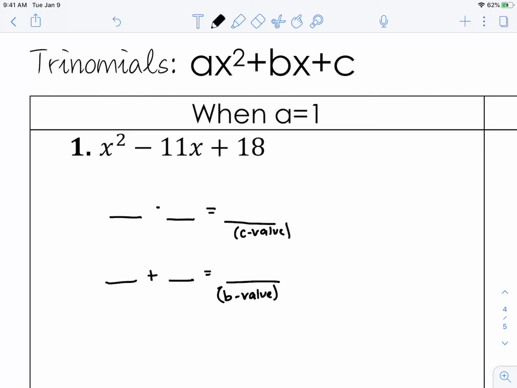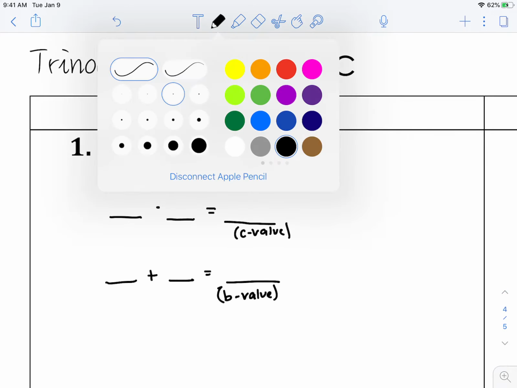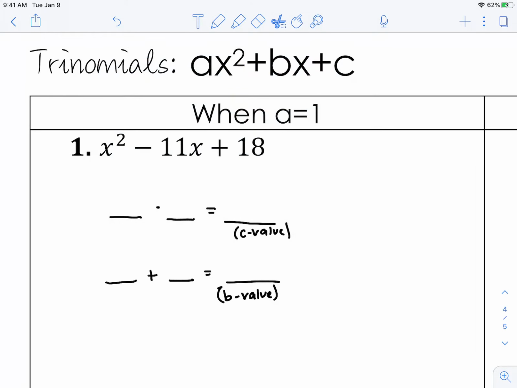So our c value in this case is a positive 18, and our b value is a negative 11. You just need two numbers that multiply to 18 but will add to be negative 11.